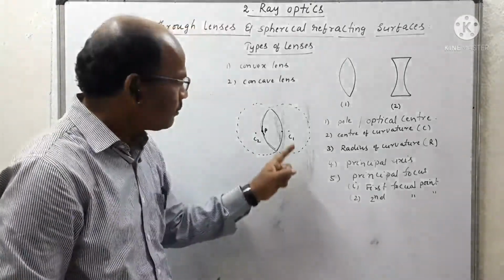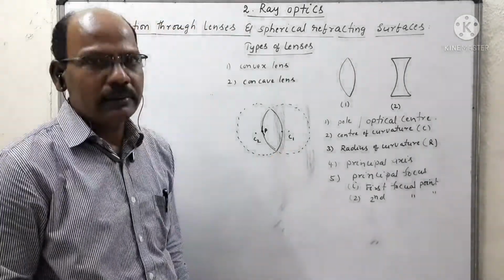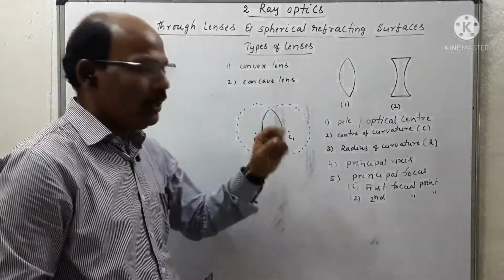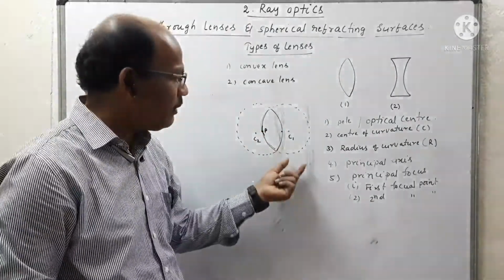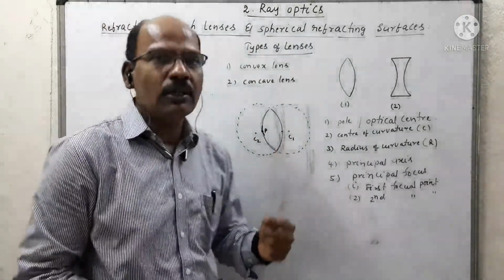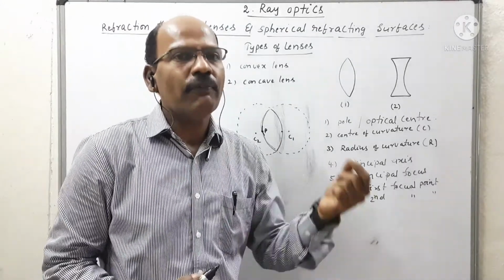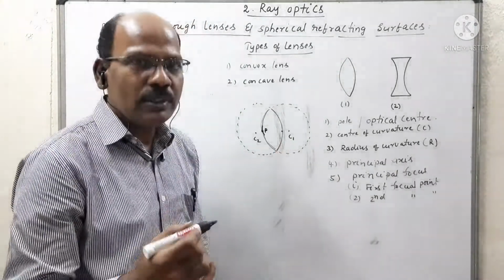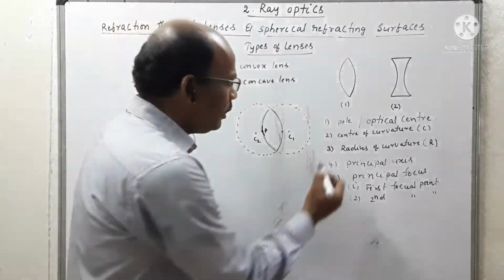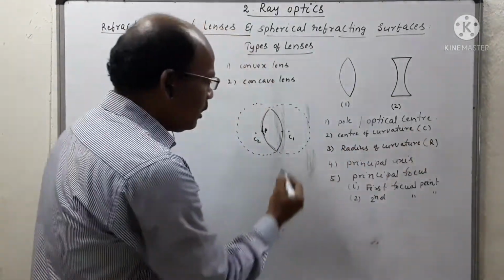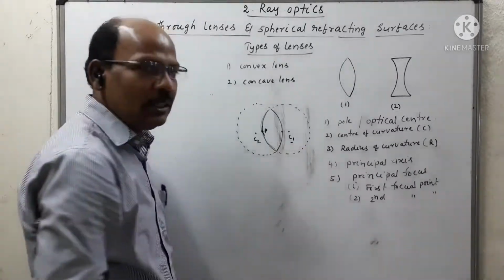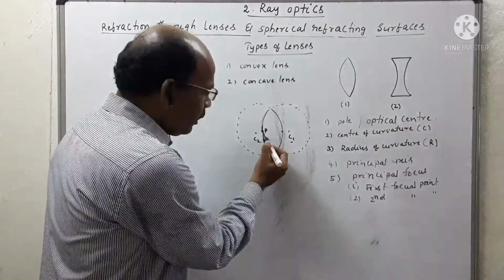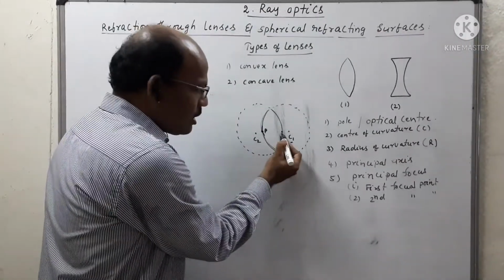So what is center of curvature of the two refracting surfaces? The center of curvature is nothing but the center of the sphere of which the refracting surface forms a part. Here we are observing C1 is the center of curvature of the first refracting surface.